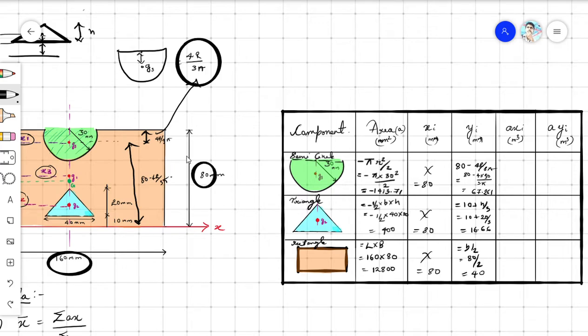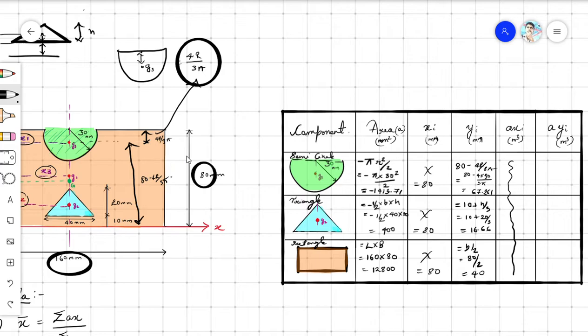And this multiplication I hope you can do. As of now we are neglecting this term as axis of symmetry, but you can do it in your calculation. As of now we are calculating ai yi.